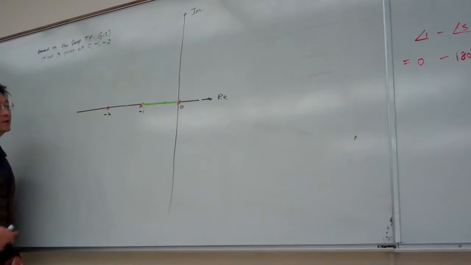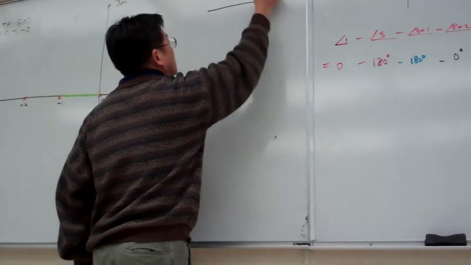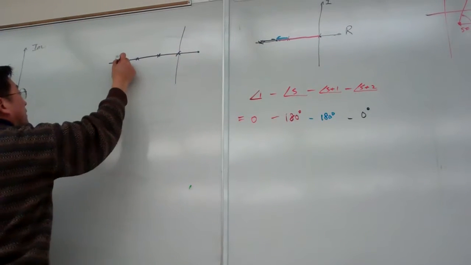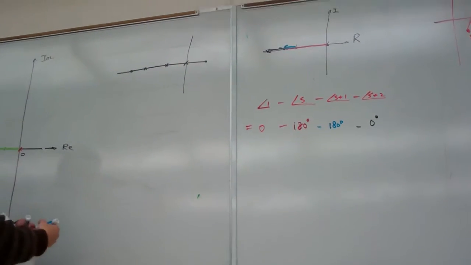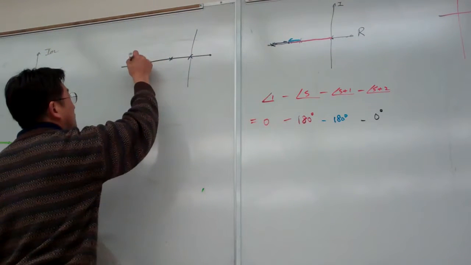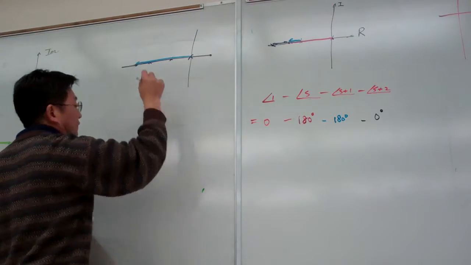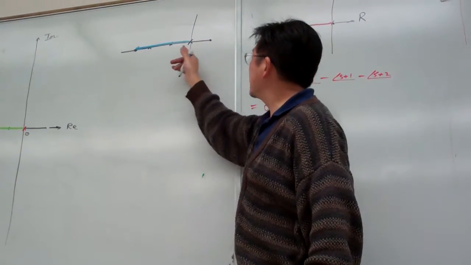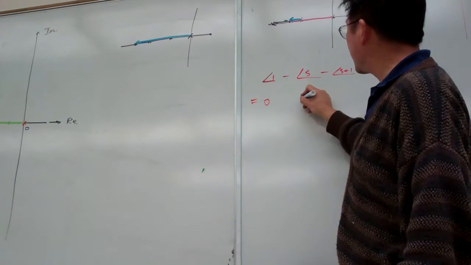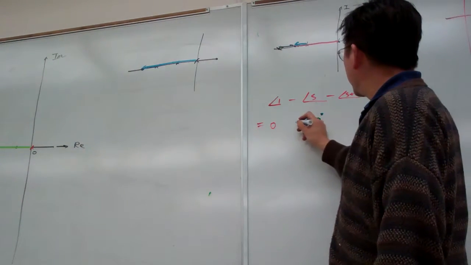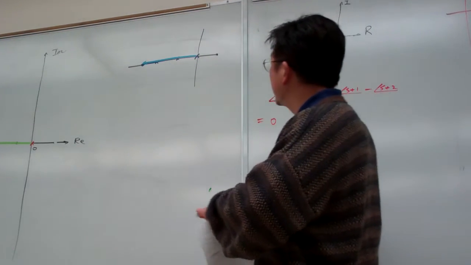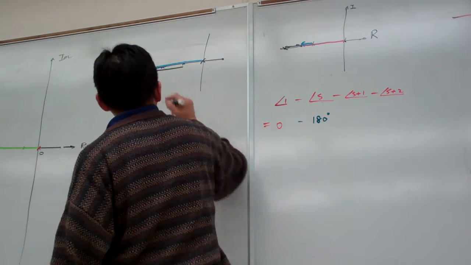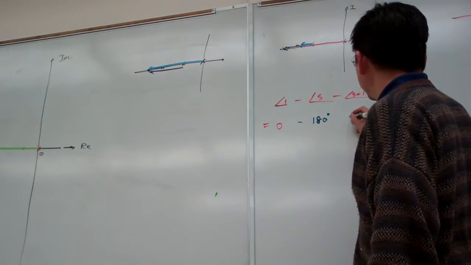Now we move to this one. Our test point is here. This is the first one. The phase angle between s and 0 is 180 degrees. Then the angle from this test point to minus 1 is 180 degrees.